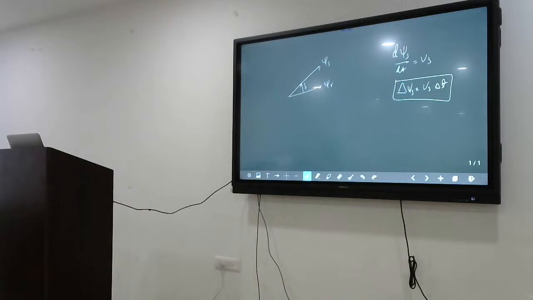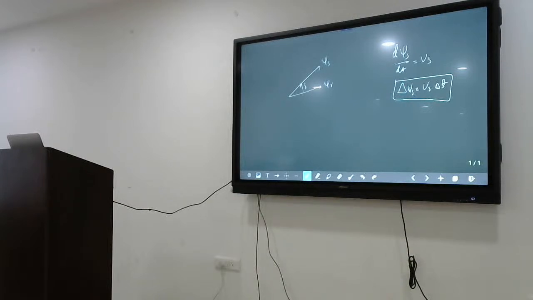What it will indicate? Delta psi s is nothing but the change in the stator flux, equal to Vs into delta T. Vs is nothing but the resultant voltage applied across the motor terminal. Delta T is nothing but the sample period of the controller. It is fixed, it is not a variable, delta T.